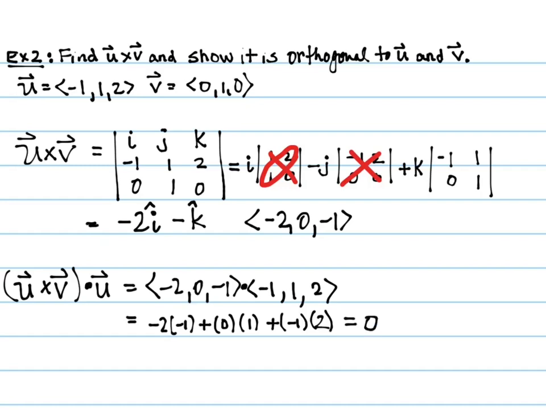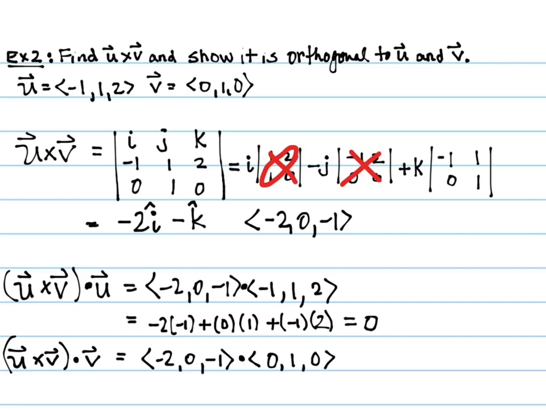And we'll do the dot product as well with v. So u cross v dot v. I have -2, 0, -1, and I want to do a dot product of that with v, and v is 0, 1, 0, which is fabulous because there's a 0 in one or the other of each of these vectors' components.